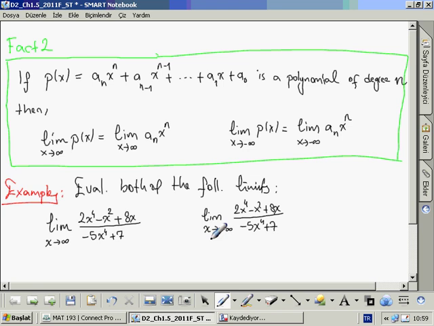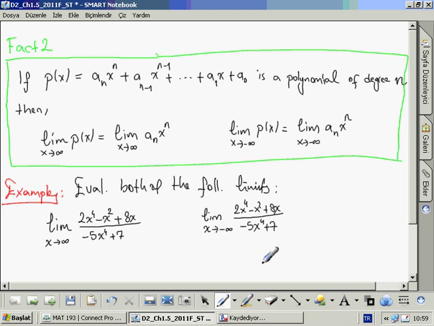Let's start with the first limit, and as with our first set of examples, it might be tempting to just plug in the infinity. And since both the numerator and denominator are polynomials, we can use the above fact to determine the behavior of each one.